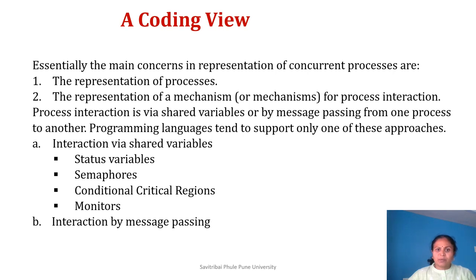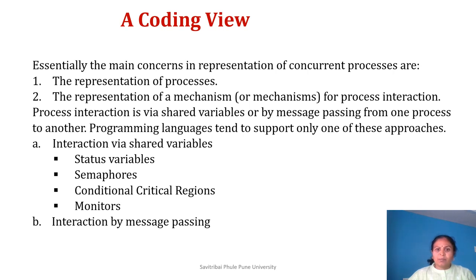The status variable itself requires exclusive access. This can be handled by an atomic operation that both inspects and sets the variable without interruption. Most computers provide such an instruction.